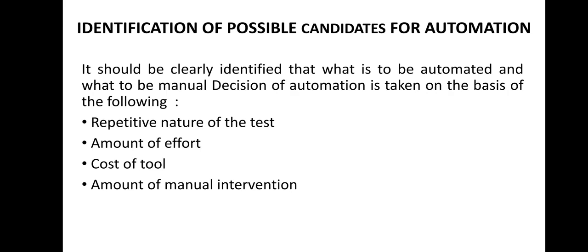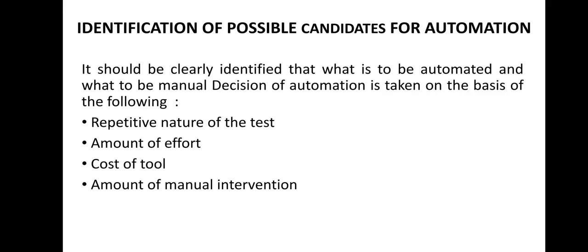We know that if we are going to select automated tests, the features are: if the task is repetitive, that means the repetitive nature of the test is there, the amount of effort is very high, and the cost of the tool is different, then we have to go for automation testing. That means we have to identify which test cases are manual and which test cases are automated.